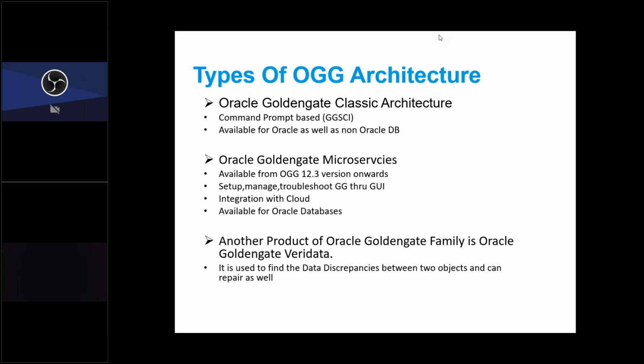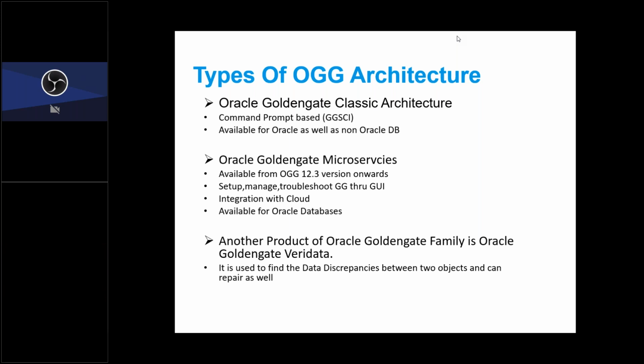What Veridata can do for you is identify the discrepant records and repair those discrepancies for you. So say for example your Golden Gate replication has been going on for 10 years, and you are replicating the data of the employee table from source to the employee table on target.